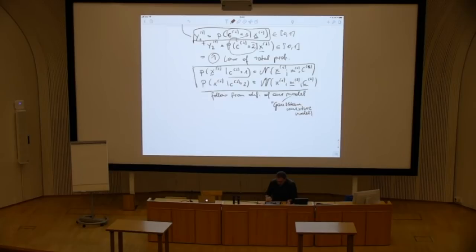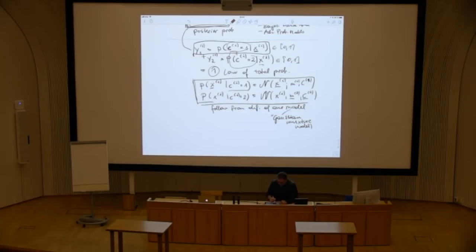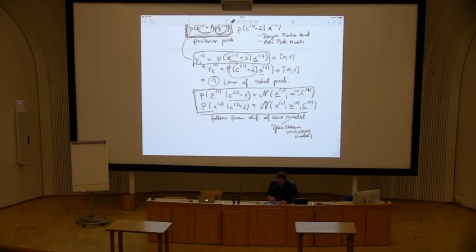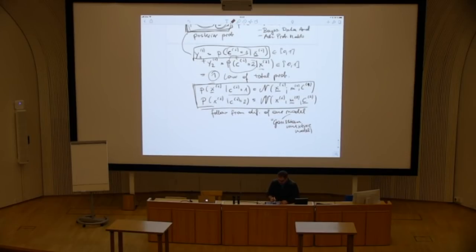Okay, so how can we use these two expressions for the conditional probability of the data point given the cluster assignment to compute the conditional probability of the cluster assignment given the data point? What fundamental rule in Bayesian statistics helps you here? How to get from this prior distribution to the posterior distribution? Which rule can be used?